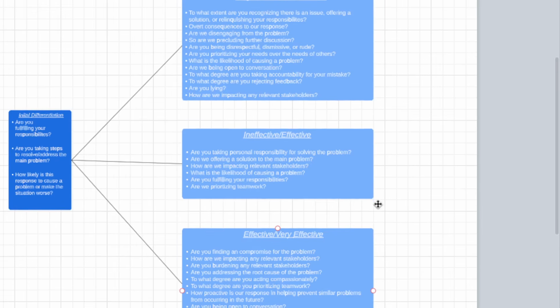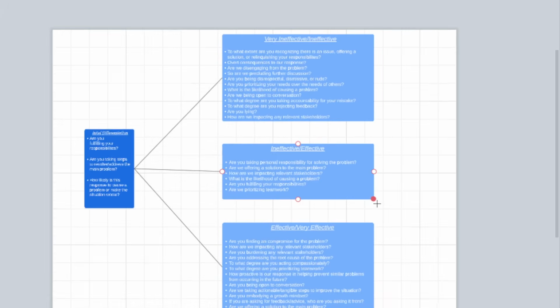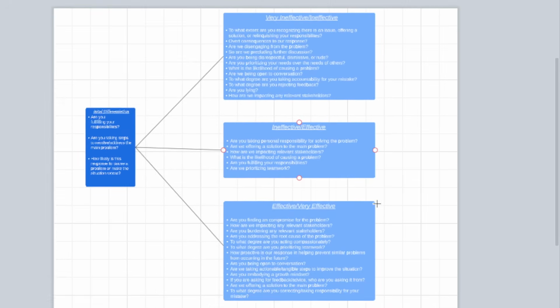Now, the important thing to understand is this is not a comprehensive list of questions, right? This is not all the questions you could ask or potentially even should ask. And why is that? Well, in that vein, don't memorize these lists, don't memorize these questions. The reason why is because every question has different considerations.